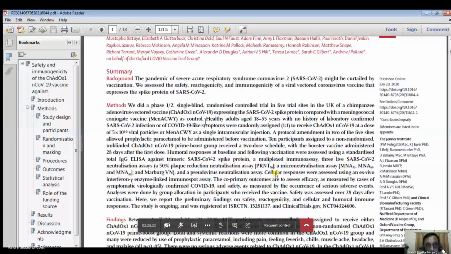Just for example, if you follow the first line, we did a phase 1 to 2, that is phase 1 to 2 combined, single blind randomized control trial. We have already discussed what is known as single blind and what is a randomized control trial. It was in 5 trial sites in the UK, and there were 2 treatments. Number one is ChAdOx1, and the second one was MenACWY as a control.